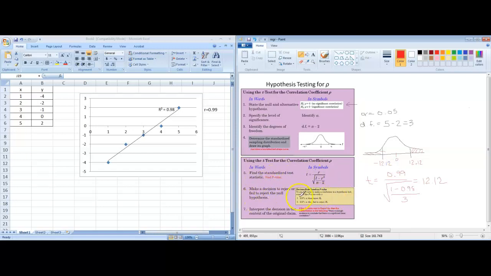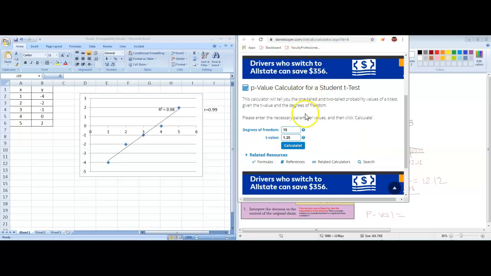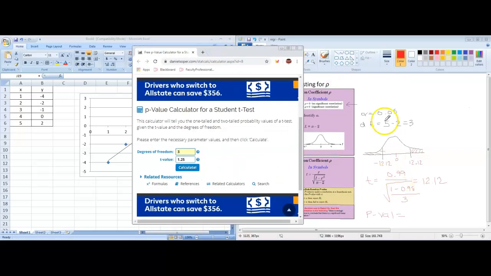I'm sorry, I also forgot that in step 5 you have to find the p-value. How do you find the p-value? You're going to have to use the t calculator that we used in previous week. You can see that I'm going to have to fill in these two boxes. The degrees of freedom was 3, you remember from the steps, so df is 3, and my t value is 12.12.